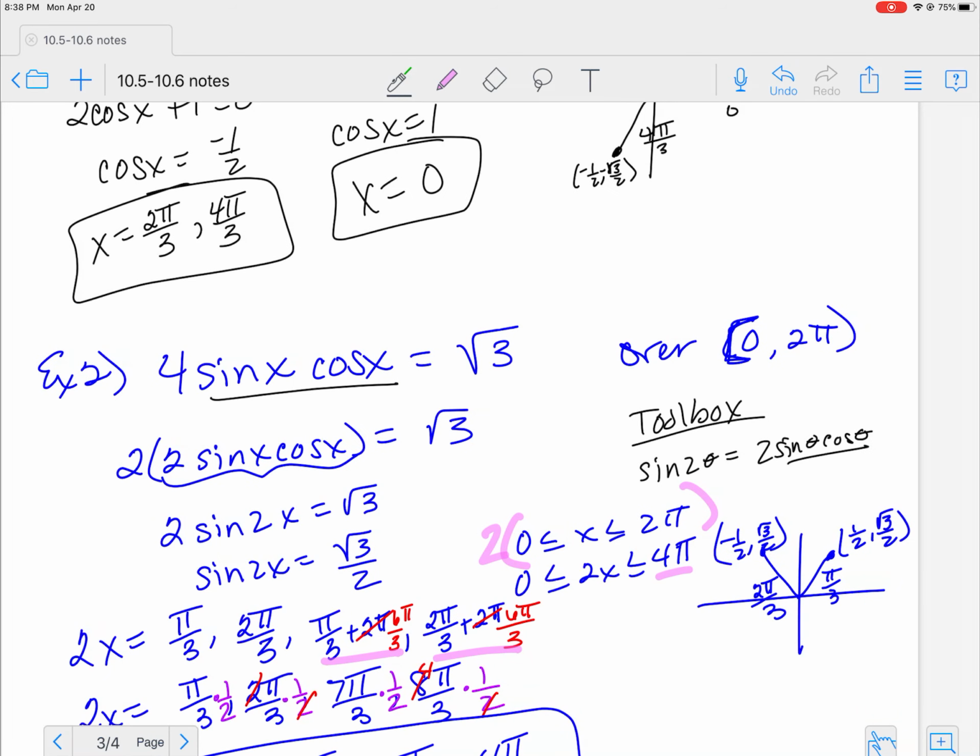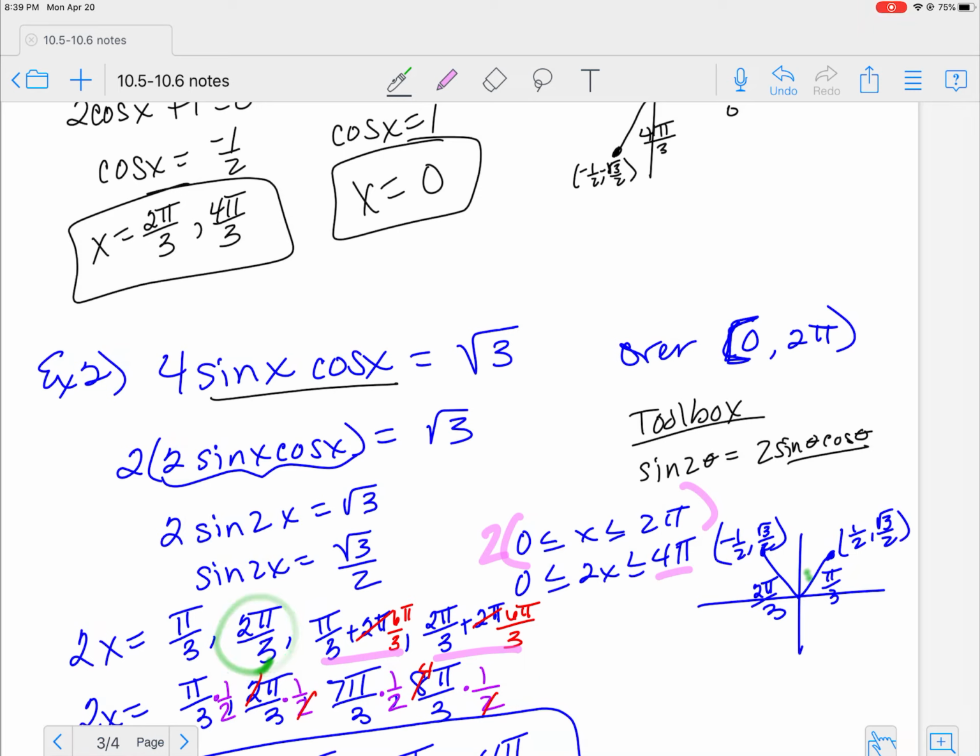So when I'm looking at some values here in this 2x value, I want to say, where is my double angle sine? 4 pi, which is 2 swings around the circle. So sine at square root of 3 over 2 is pi over 3 and 2 pi over 3, right? So I have pi over 3 and 2 pi over 3.